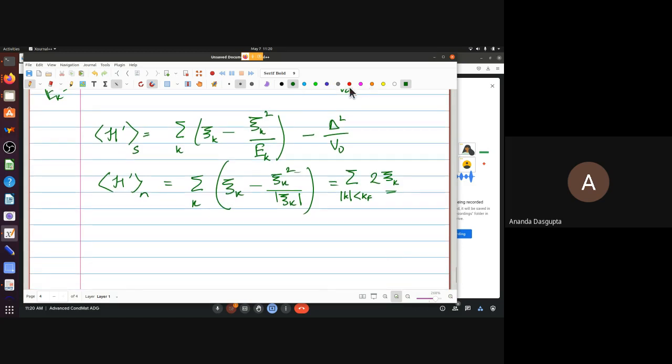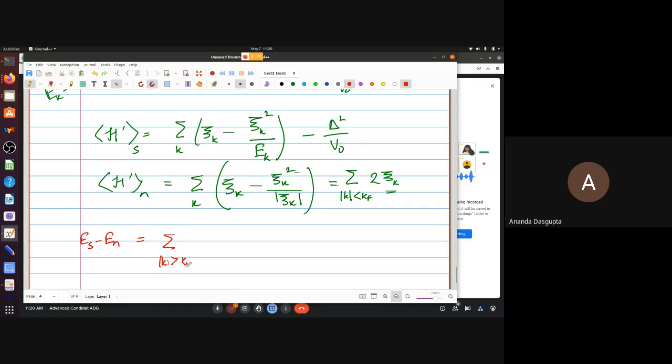So the excess energy, the energy difference, how much is the stabilization? So this is for the superconducting state, this is for the normal state. So ES minus EN is what you get when you subtract these two quantities. Better to actually, since this sum is only over mod k less than kf and this is over all k, it's best to break this up into two pieces.